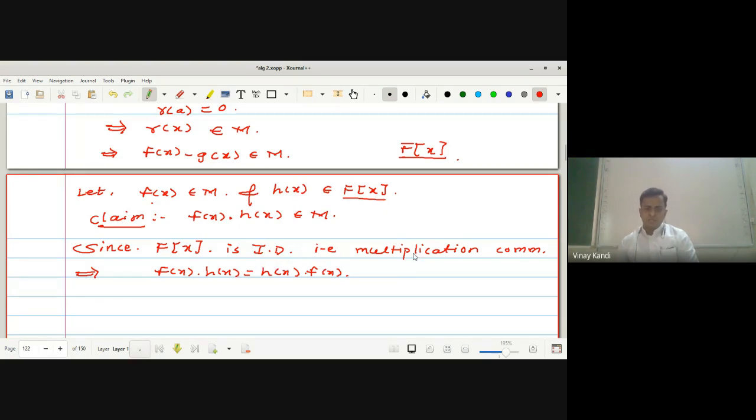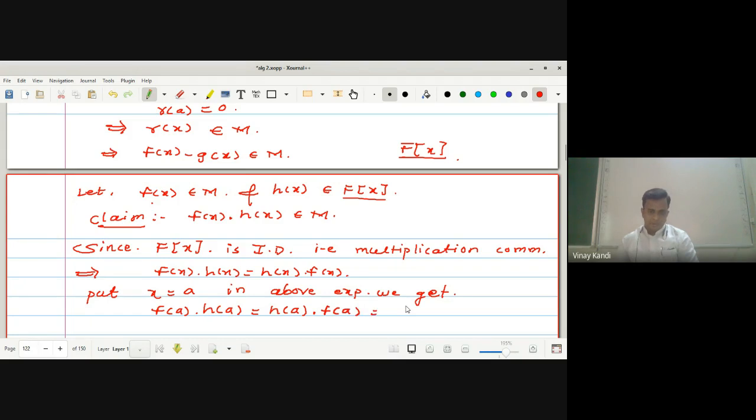Integral domain means what? Multiplication is commutative. This implies f of x into h of x is equal to h of x into f of x. Okay, so put x is equal to a in the above expression. We get f of a into h of a is equal to h of a into f of a.